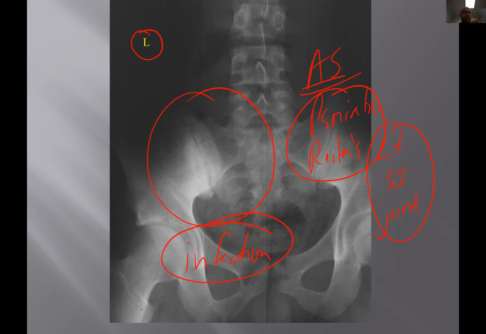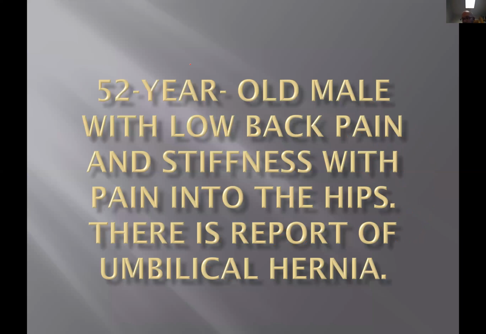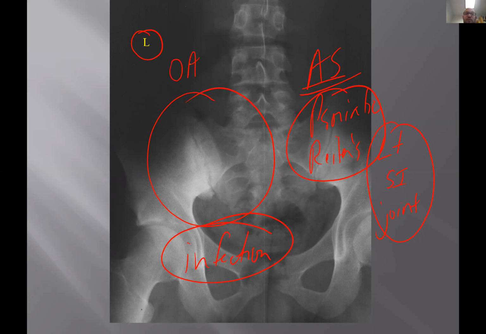Hit me. Yeah, if you had some previous significant sprain type trauma to the left SI there, could you end up with juxtaarticular sclerosis like that? Yes, you could, but if it was old trauma, typically you're going to have OA, and the kicker is the joint might be irregular.